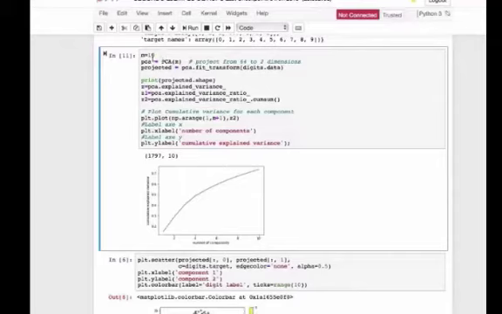If you change this value of M, you can choose the number of principal components based on this plot. The first task for you is to change this value of M and choose the best number of principal components.